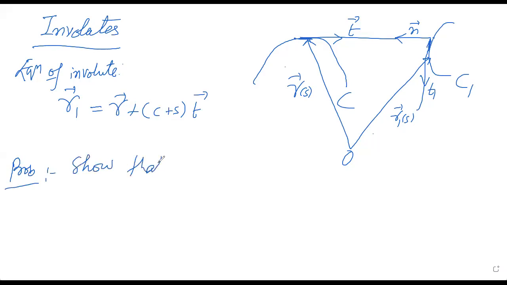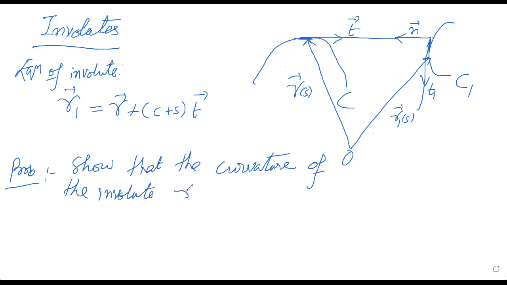Show that the curvature of the involute R1 is equal to R plus, here it was minus, sorry, it was not plus, it was minus, no? Minus (C minus s)T. So that the curvature of this involute, no? So this C1 is called involute to C.